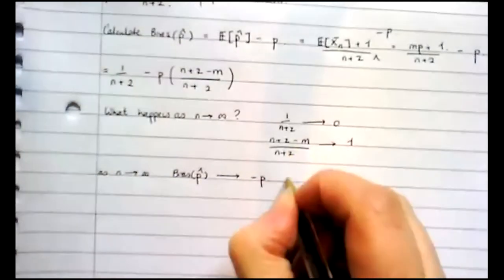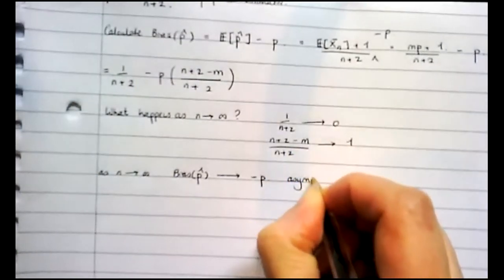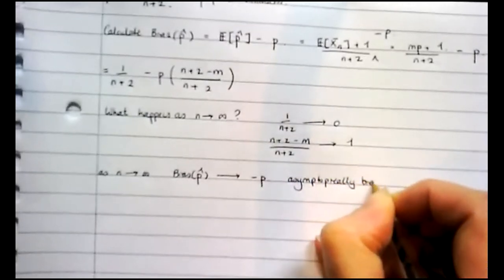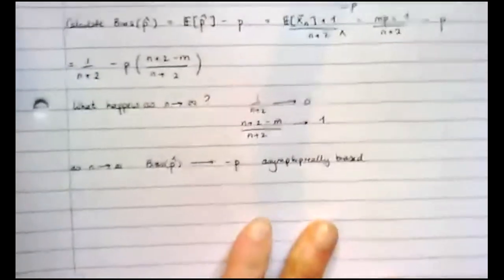Because in the limit, as n tends to infinity, this bias is not going to 0. So that's not the type of estimator that we would ideally like.